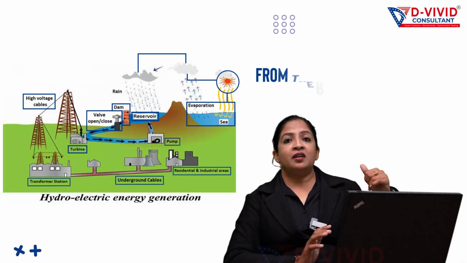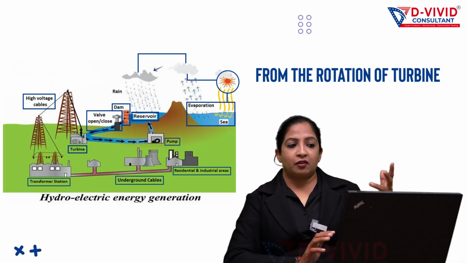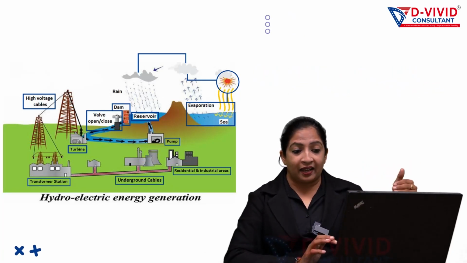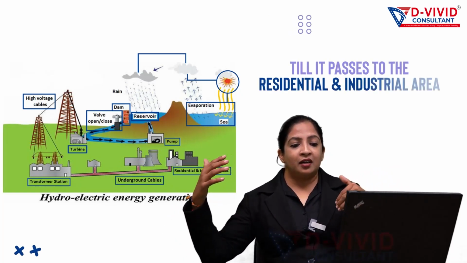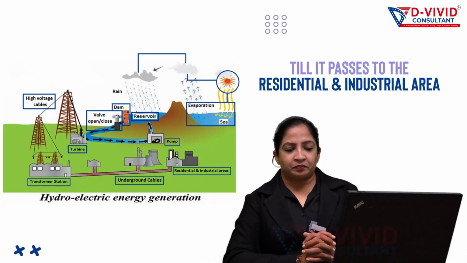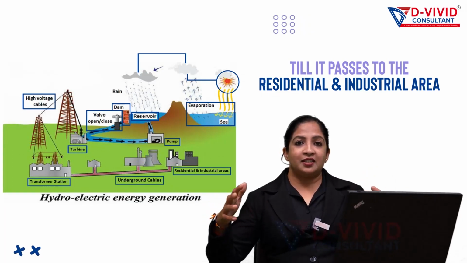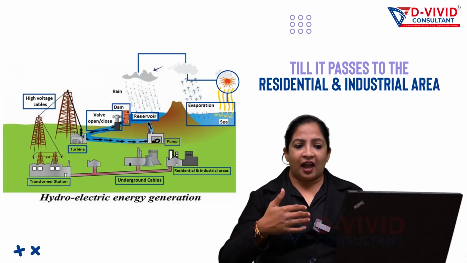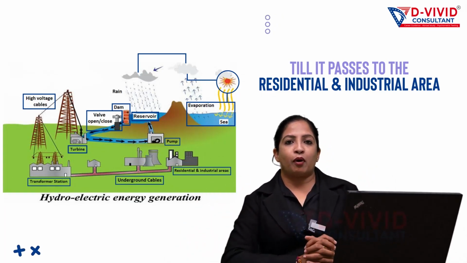And from the rotation of the turbine, the generation of electricity takes place from there till it passes to the residential and industrial area. So this latter part I think should be written in body 2.